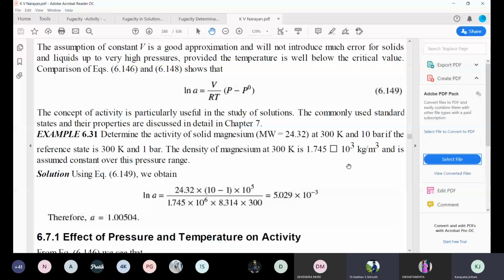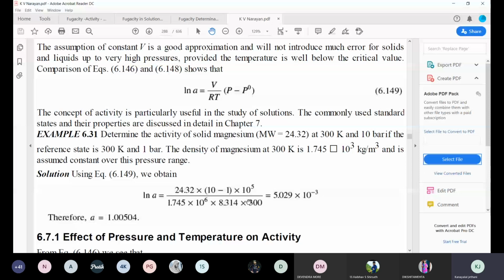So molecular weight is 24.32 दिया है, density 1.74 10 to the power of 3 होना चाहिए. Okay, and pressure is 10 bar minus standard state is 1 bar, right? 10 minus 1 into 10 to the power of 5. ये conversion के लिए 10 to the power 6 डाला है, because he is taking 8.314. ये पास्कल में लिया 10 to the power of 5 and 300 Kelvin. So R is 8.314. So conversion की वजह से 10 to the power of 6 हो गया.